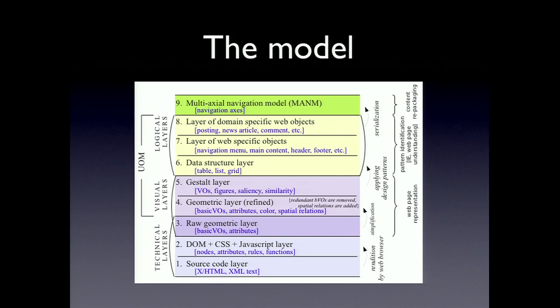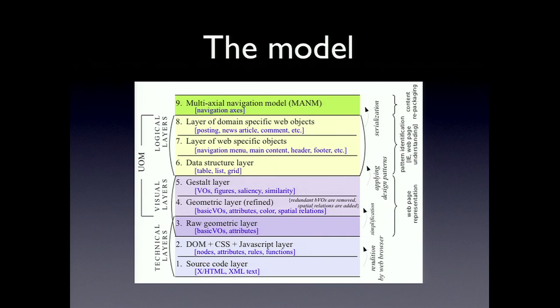But we want to have it together with all the geometric and other information that we can get. That's why on the upper layers, on level 3, we have a raw geometric layer where the information about visual objects and attributes is stored. After that, this information is increasingly enriched by some small processes that are deployed onto this model. And I'm going to show what kind of information this is going to be.